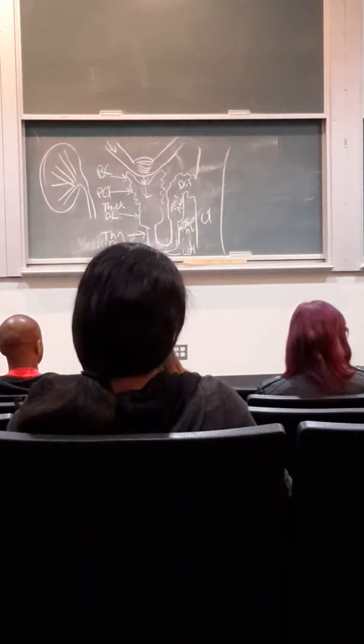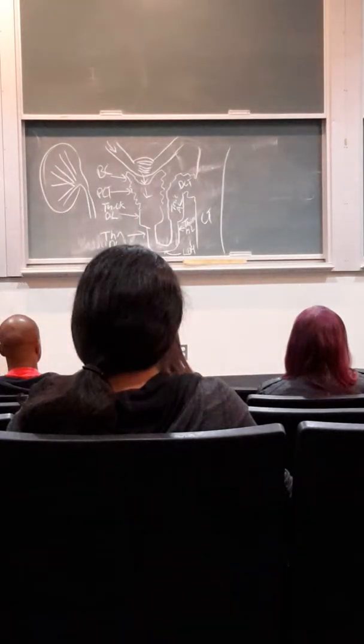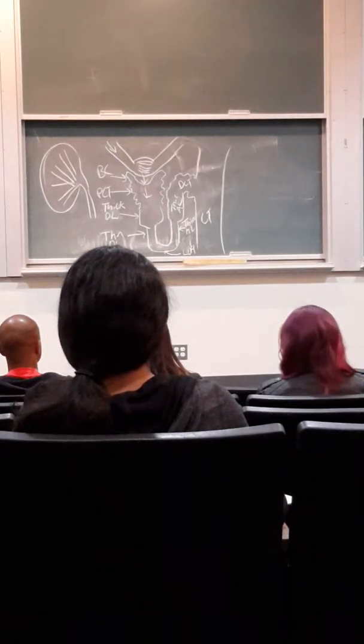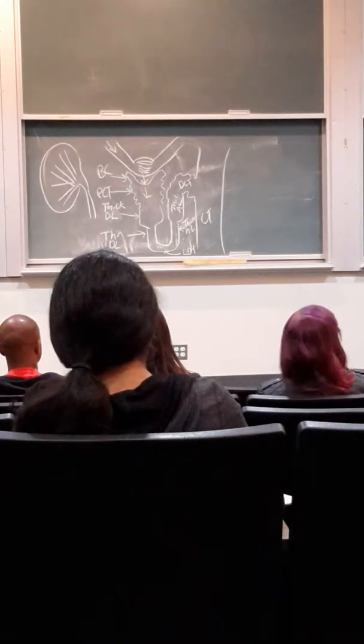first, the proximal convoluted tubule. Proximal means close to. Convoluted, like one of you guys said I lecture sometimes, means kind of twisted and curvy. So it goes through the proximal convoluted tubule.